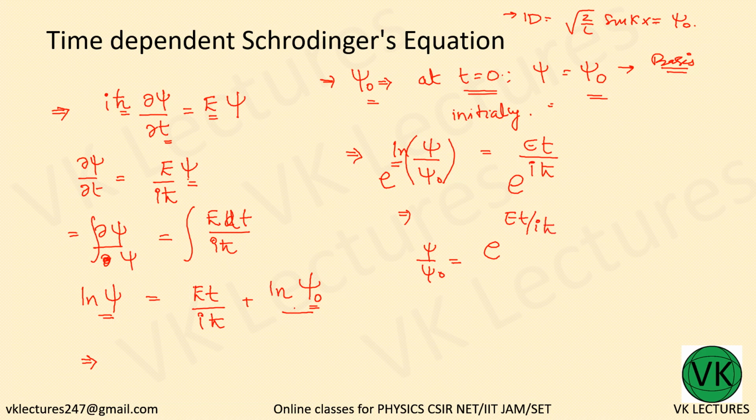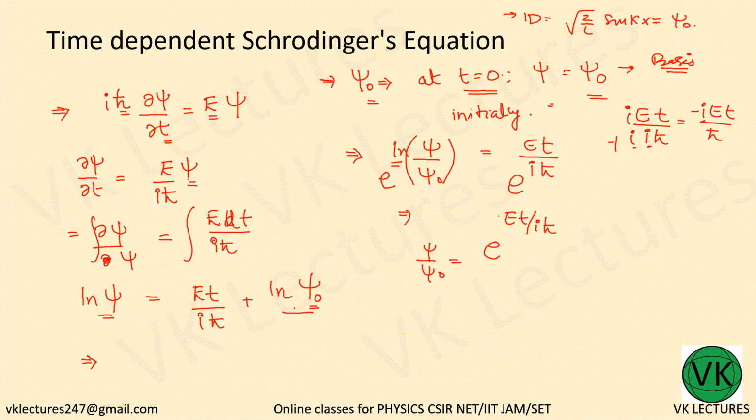Now, since this i is in the denominator, I am multiplying and dividing by i in the numerator. Et divided by iħ becomes minus iEt divided by ħ, because i into i will give you minus 1. So this minus 1 I am putting in the numerator.